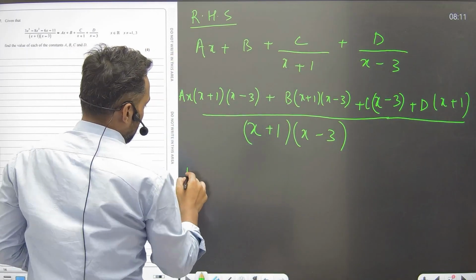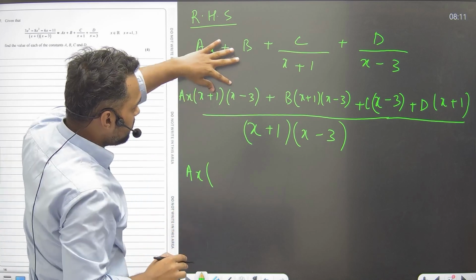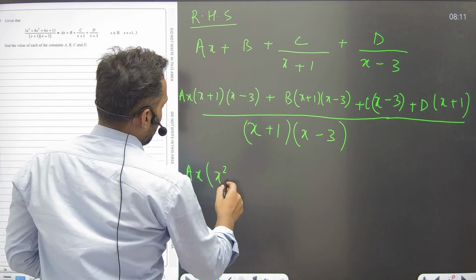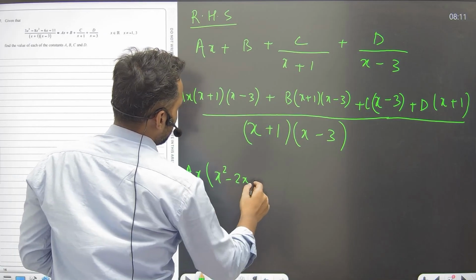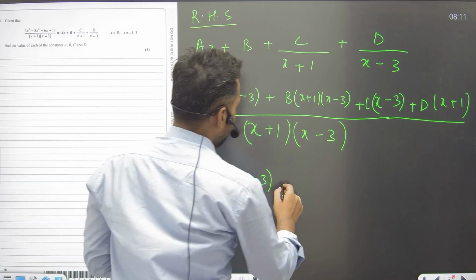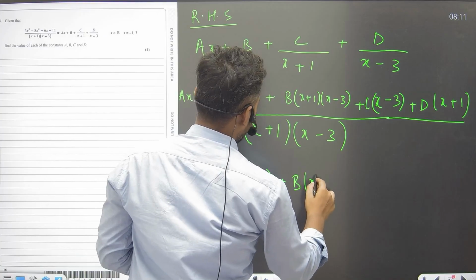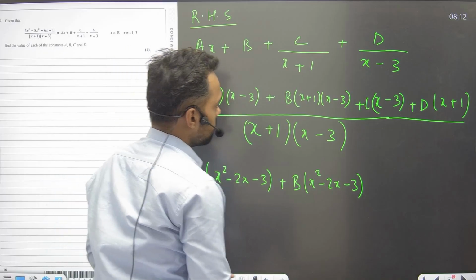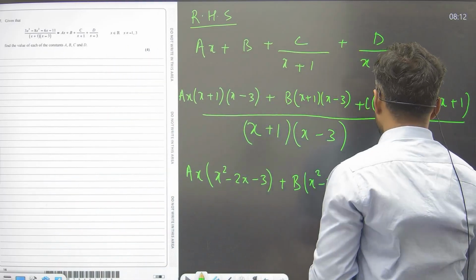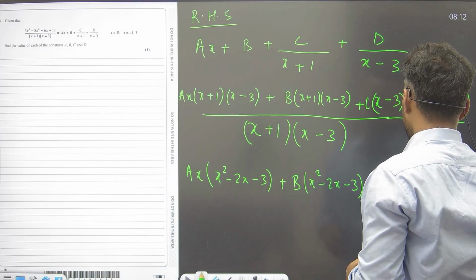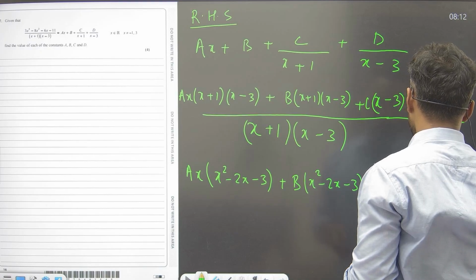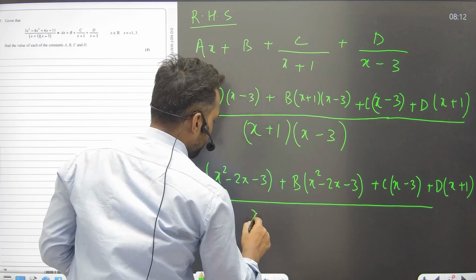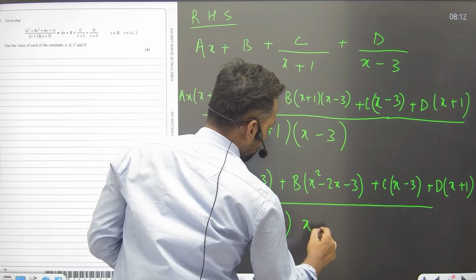Now ax, opening this bracket, you will get x square minus 2x minus 3. Similarly b times x square minus 2x minus 3, plus c times x minus 3, plus d times x plus 1, upon x plus 1 cross x minus 3.